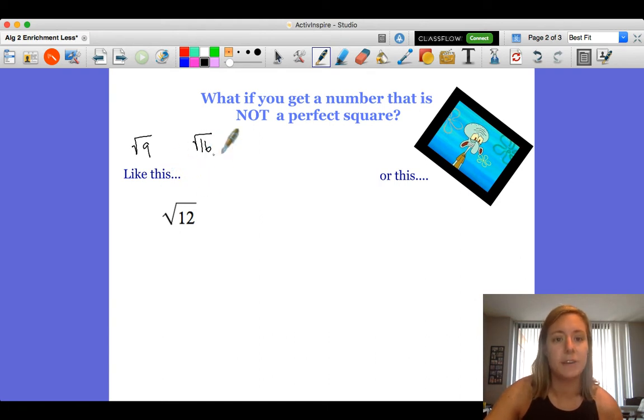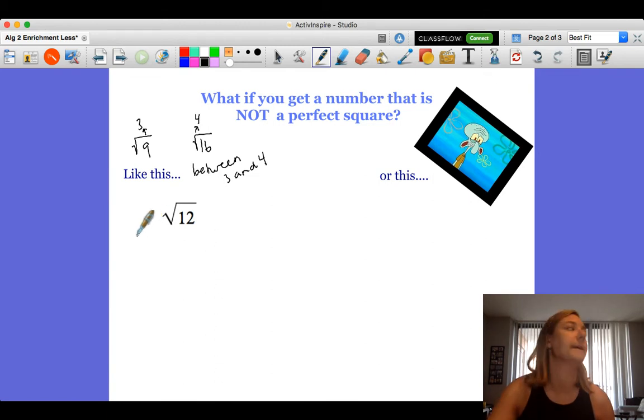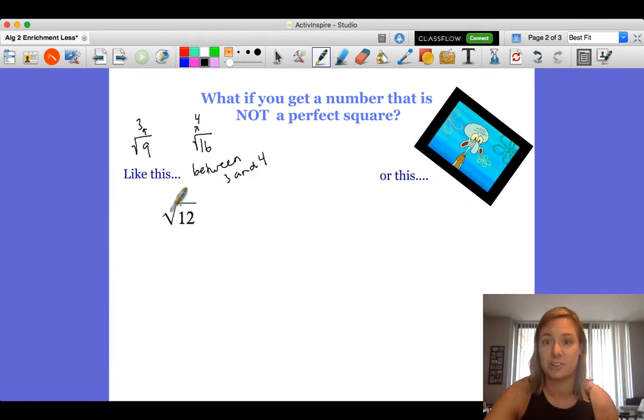So I know this is 3 and this is 4. So I know this is going to be somewhere between 3 and 4. It's actually not a rational number, meaning it can't be expressed as the ratio, a fraction, of two integers. So it's not going to be a nice number.